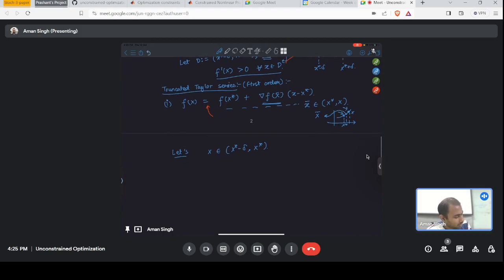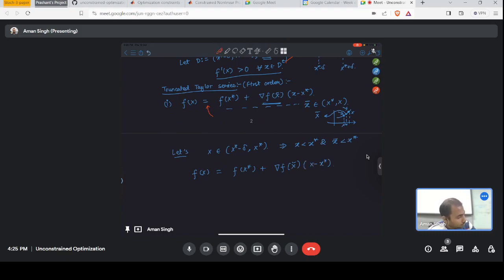Now let's analyze what the value of fx is. So fx is fx star plus delta f dash x bar times x minus x star. So you can see if x is less than x star, x bar will also be less than x star. It implies x is less than x star, and x bar, because it is between x star and x, is also less than x star.